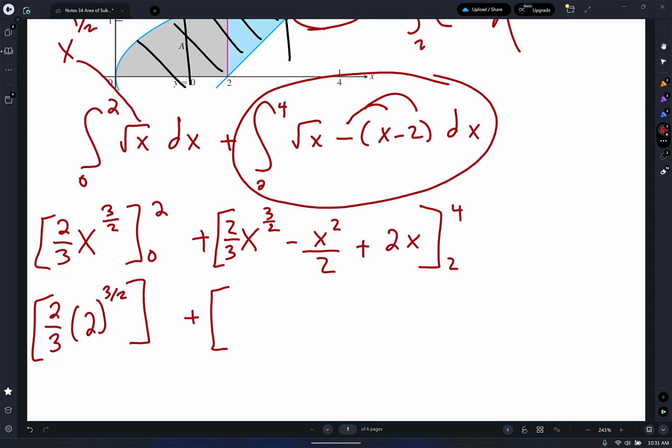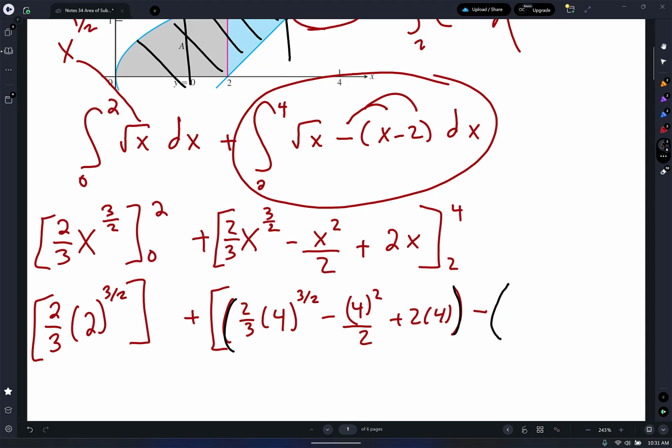So let's see, giant parenthesis, 2/3, 4 to the 3/2, and we'll talk about how to do it without a calculator in a little bit, minus 4 squared over 2 plus 2 times 4, close my giant parenthesis, that's this one here, minus another giant parenthesis.